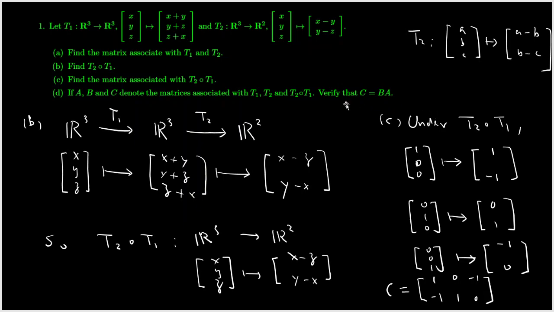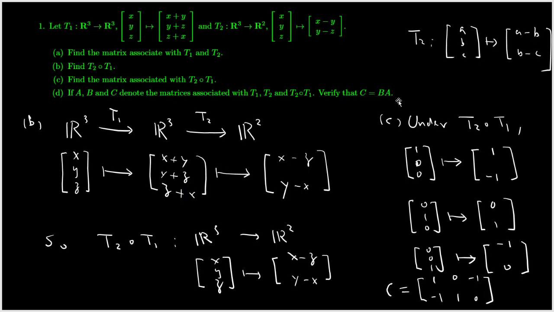But try to remember the conclusion. It's true in general. If in the future I want you to verify, you have to compute. But for any other purposes, if you need the matrix associated with the composite of the two linear maps, all you need is to multiply the two matrices.